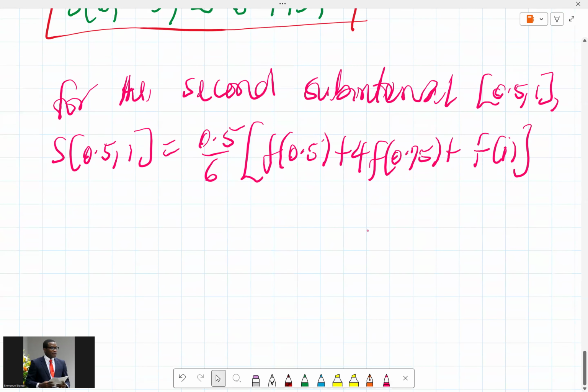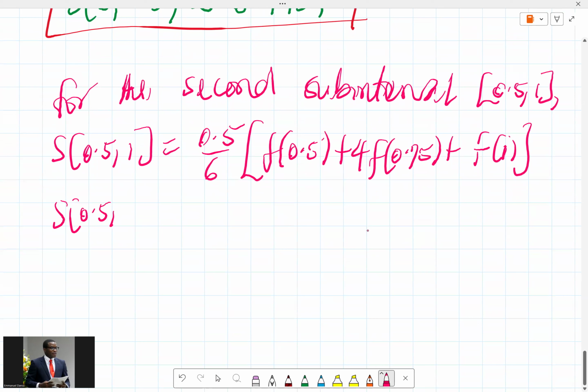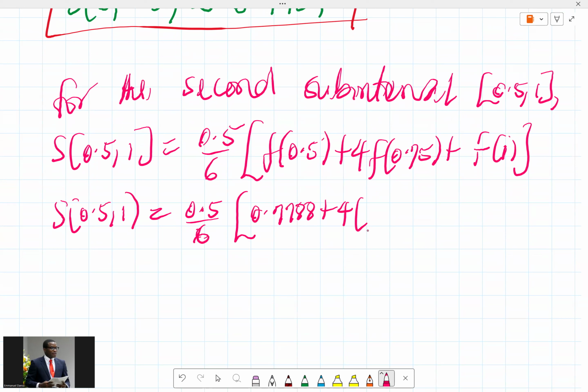So with this now we have S of 0.5, 1 equals 0.5 divided by 6 into f of 0.5, that's 0.7788, plus 4 into f of 0.75, that's e raised to minus 0.75 squared. So we get something like 0.5703 plus 0.3679.